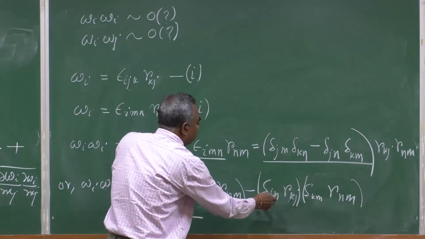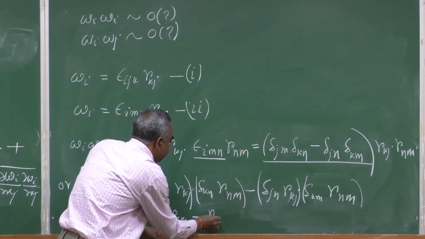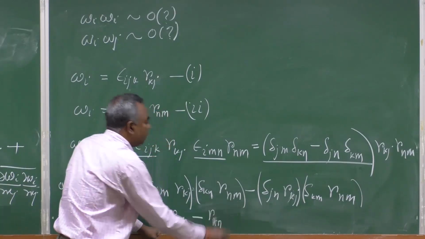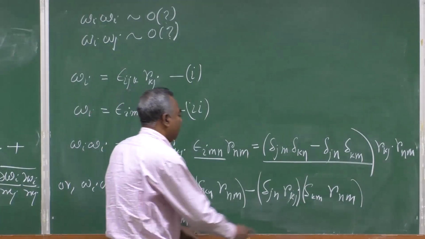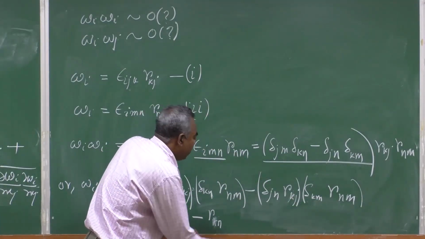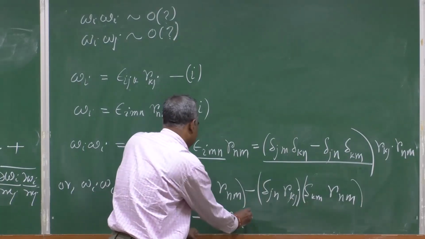Minus, this is non-zero when j is equal to n, that means r k n, and this is also non-zero when k is equal to m, so r n k. Okay.